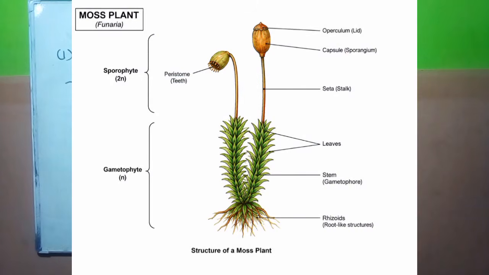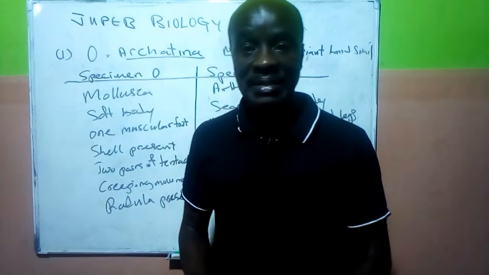Now, in the reproduction of mosses, they have two types of reproduction. We have the asexual and sexual. Talking about the sexual reproduction, the male gametes swim because normally they live in a damp area.